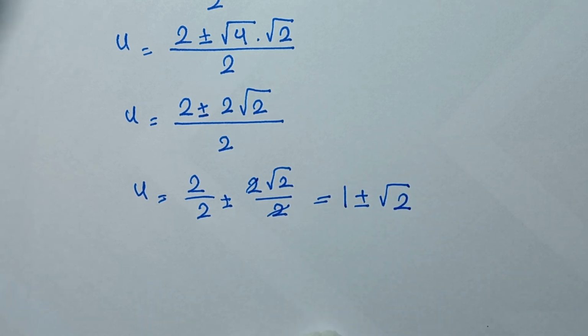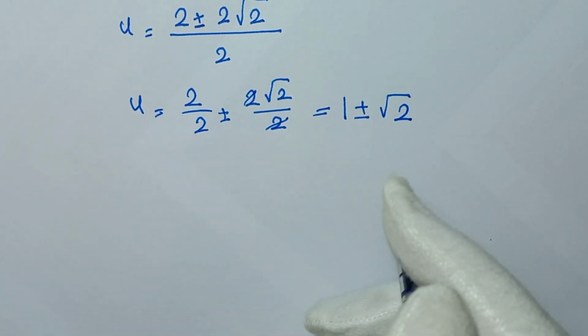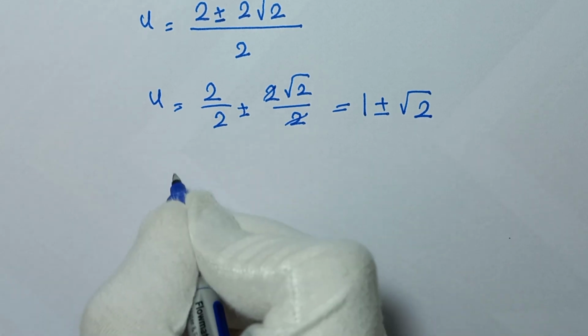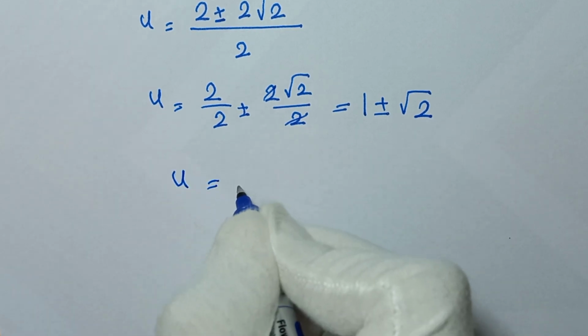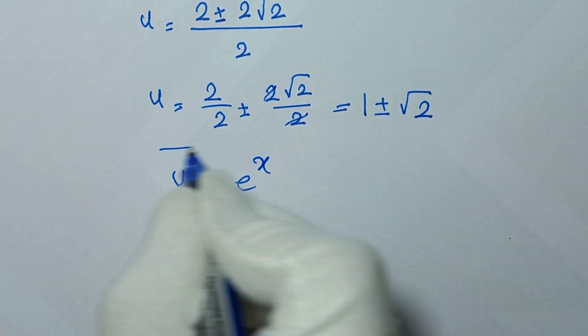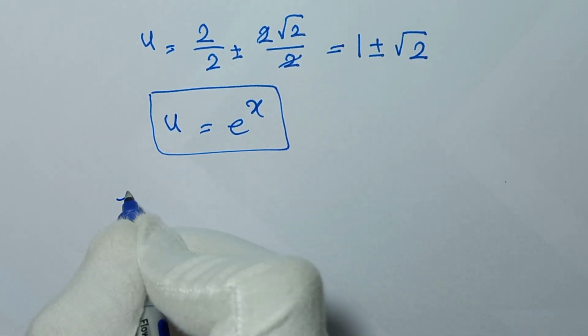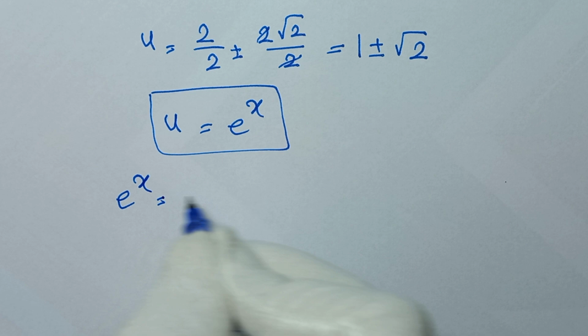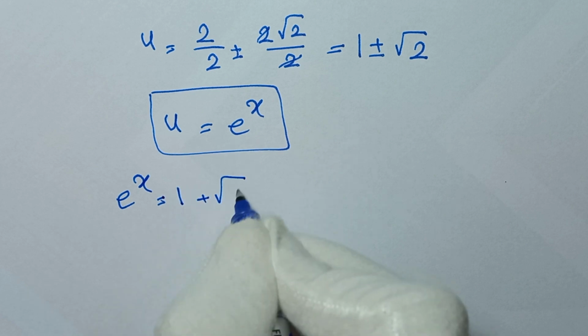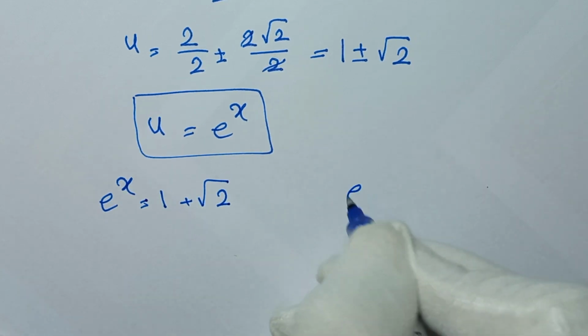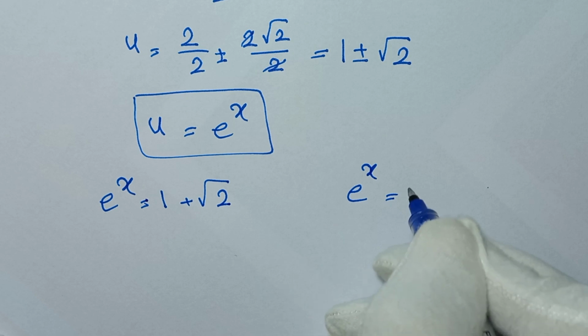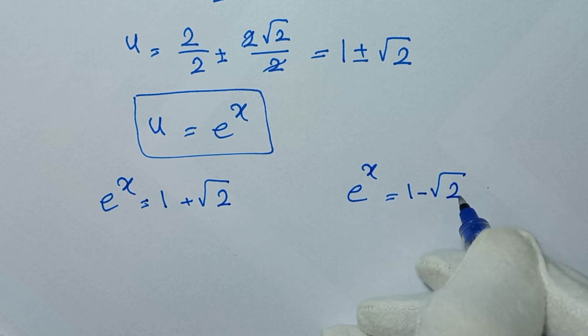So here we have two answers for u, and we recall u = e^x, right? So from here, e^x = 1 + square root of 2, or e^x = 1 - square root of 2, right?